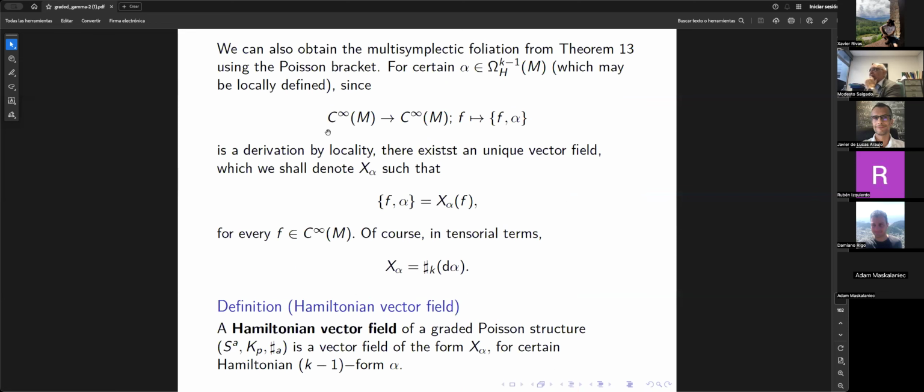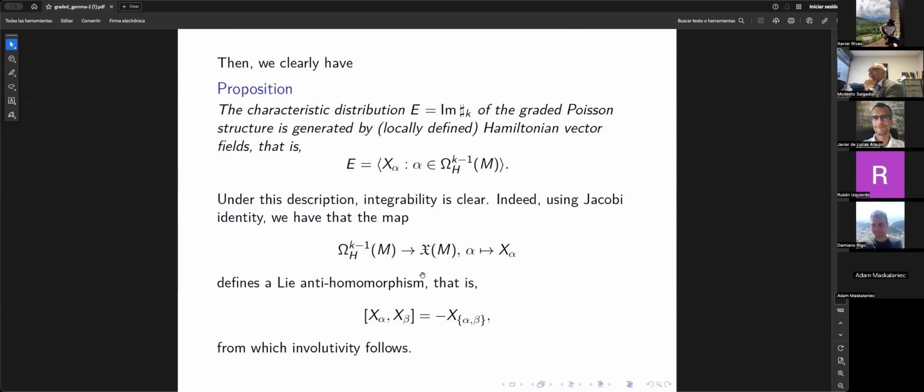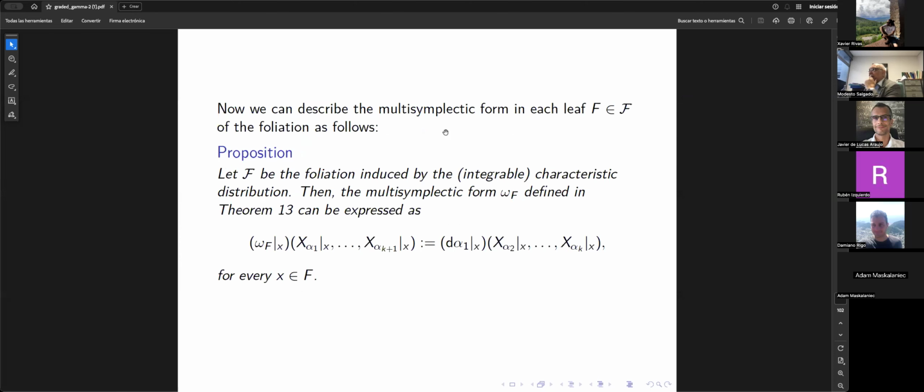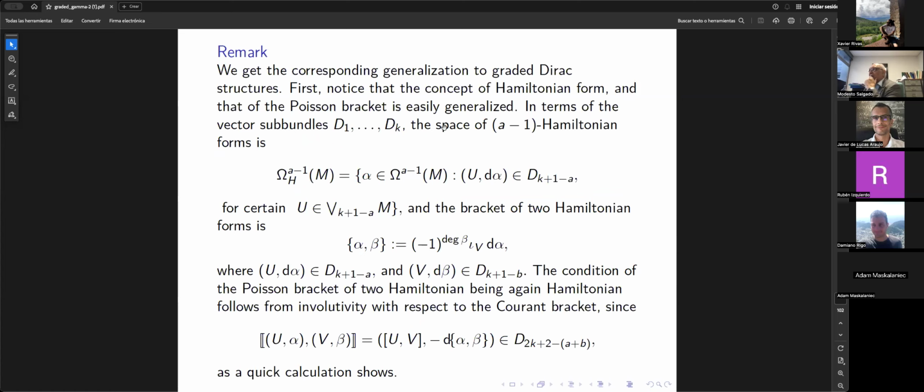Well, these are technical things, and so we obtain exactly the same thing. I will go to here. Well, this is just the case of the multisymplectic form in any level. But this is again a technical thing, and we have the corresponding answer for graded Dirac structures.